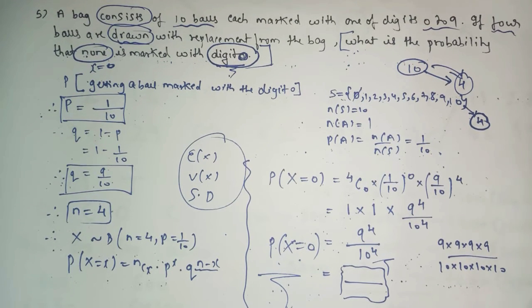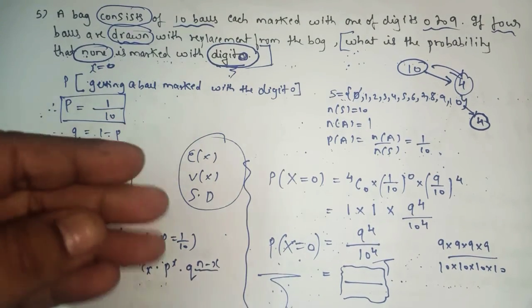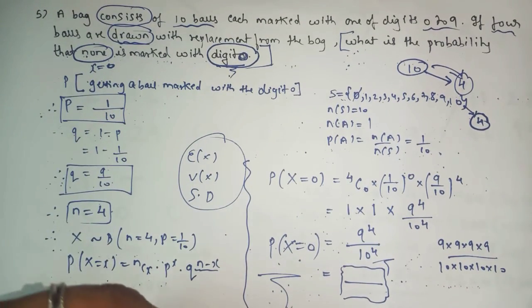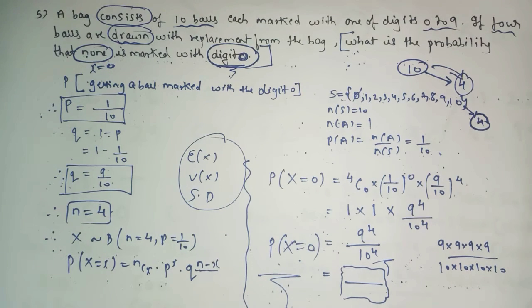I guess there are 12 to 14 sums in the exercise. As I took here 5 to 6 sums, and there are 3-4 sums based on type number 2, that means statement sums. Please try to solve the remaining sums by yourself.